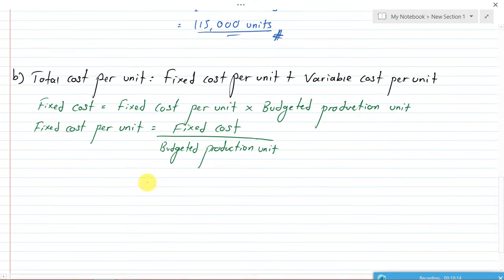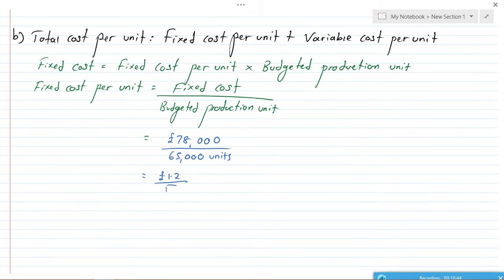So over here, we're going to take the 78,000 divide with what? 65,000 units. So you will get 1.2. That is your fixed cost per unit.